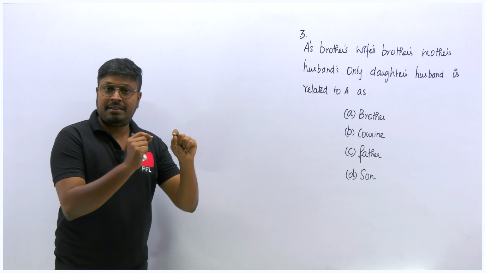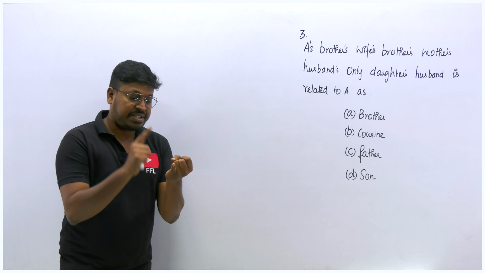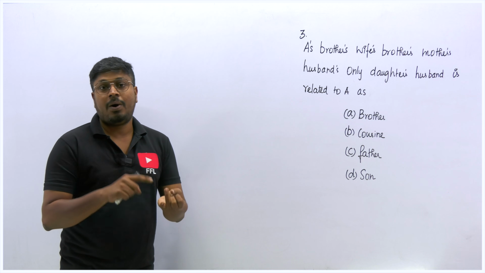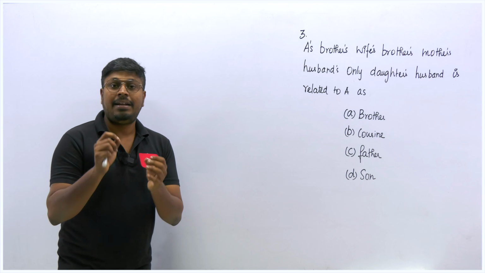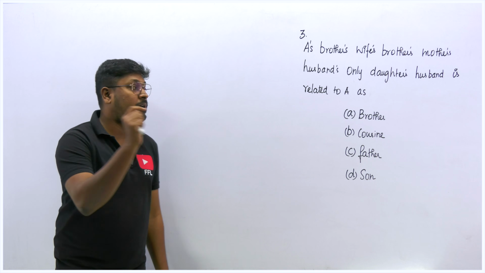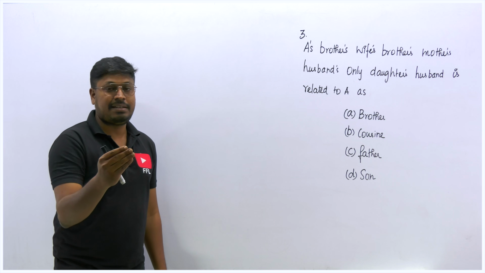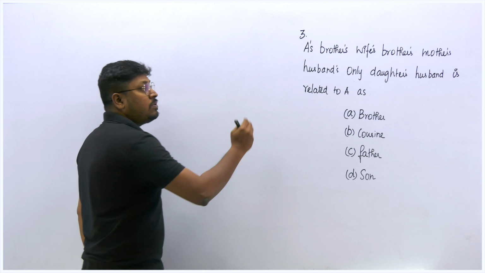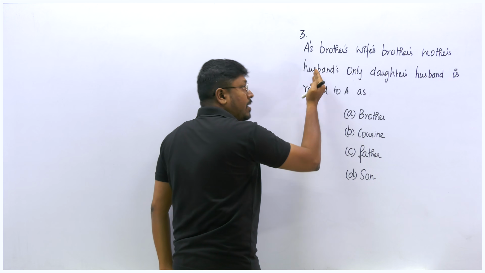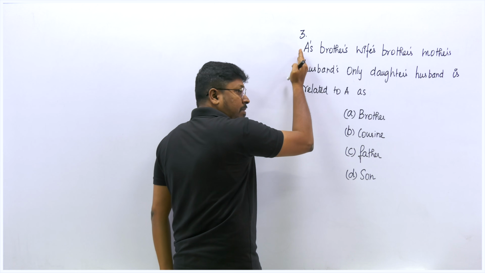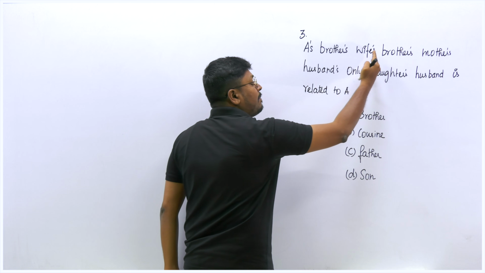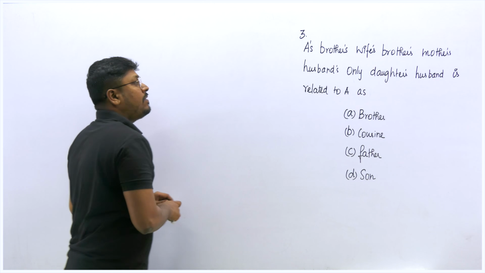I have told you initially in the video itself, if the question does not contain any "my" or "is", "she", etc., then definitely the question will be in the format of apostrophe s, like brother's wife, father's son, etc. So what you need to do is draw a family tree, not in reverse order, but from the front. From the first you have to start drawing the family tree slowly, and you will definitely get an answer.